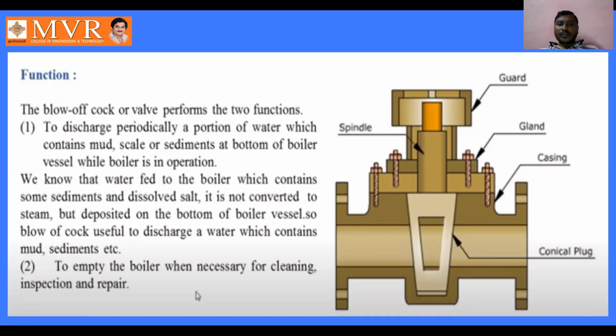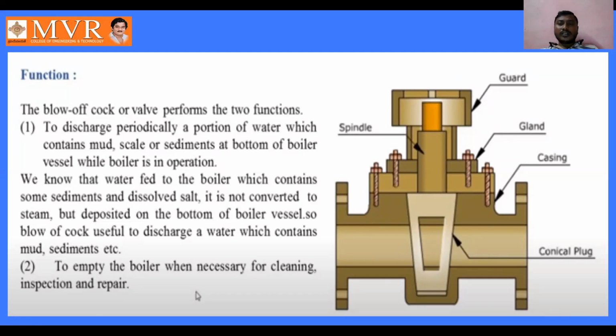So the blow off cock is useful to discharge the water which contains mud, sedimentation, etc. The feed water which we feed into the boiler is not perfectly pure. It contains some sediment, mud or scale, and this cannot be converted into steam.